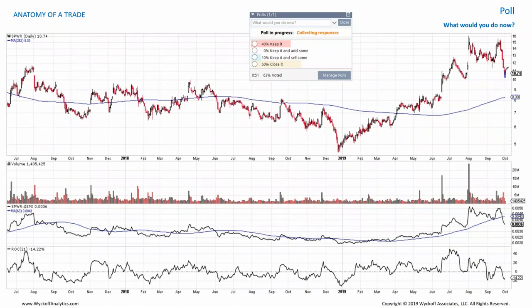This is the range for today, also a down day. All right, so what are we saying? Okay, 40% keep it, 50% close it, 10% keep it and sell some. So I would say that this is probably 50-50 in both cases to keep. Still the majority is saying to close it.